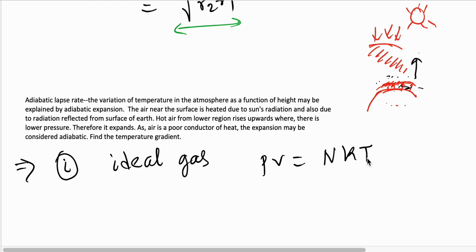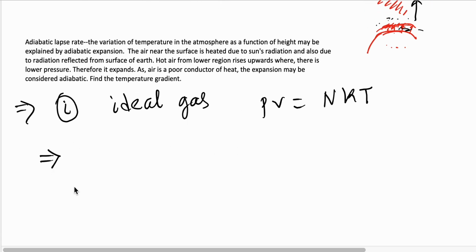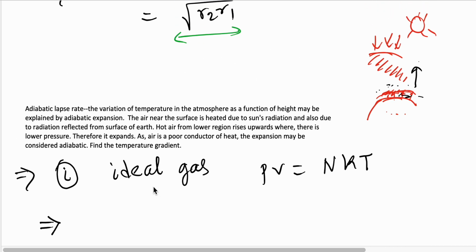Then first we have to calculate the expression for how this gas will expand adiabatically.